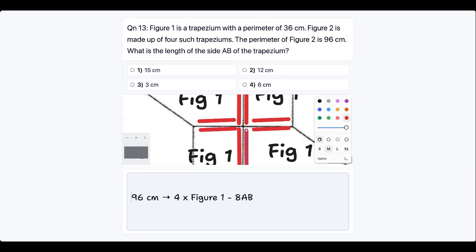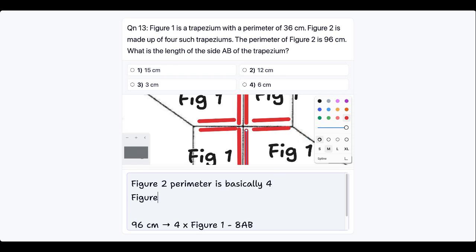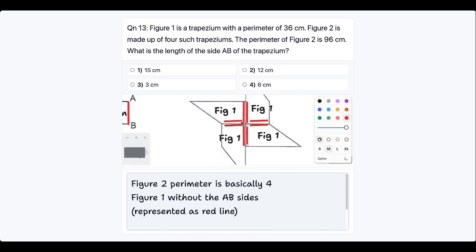So in essence, figure 2 perimeter is basically 4 figure 1 without the AB lines, or side AB sides represented as red line. Okay, so all of these are overlap.